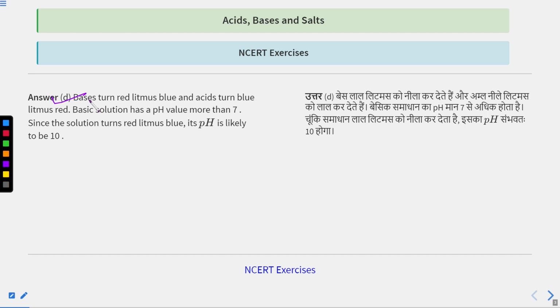Apart from this, there is a universal indicator. When universal indicator comes in contact with a neutral substance, its color is green. Similarly, a reddish color will appear, not completely red, if you move towards acidic substances and pH gets lower. And if you are moving towards basic substances and strong bases, basicity will increase.